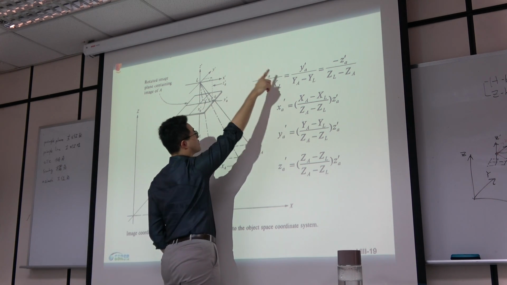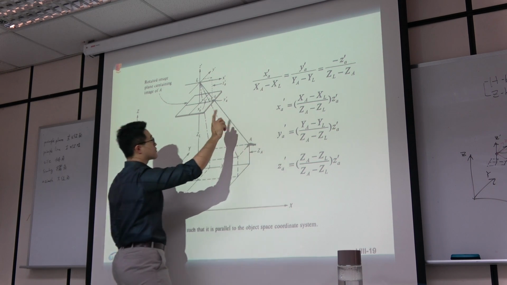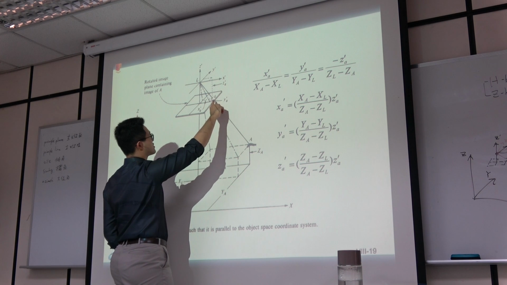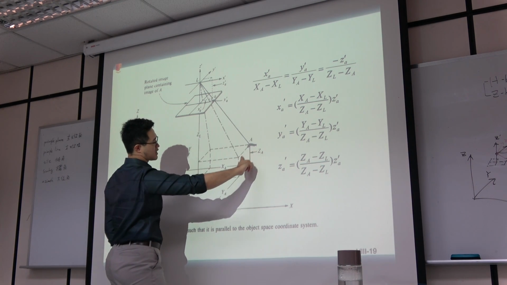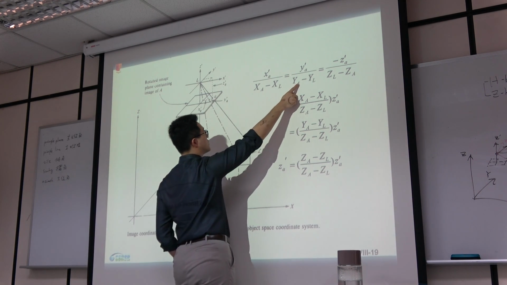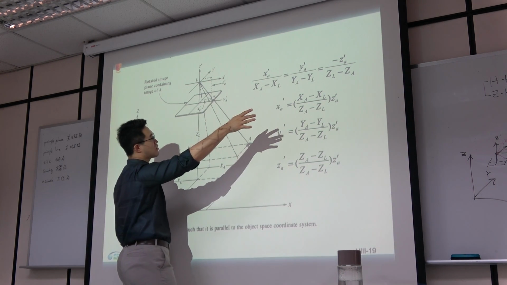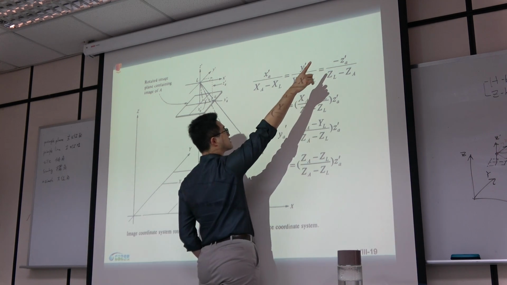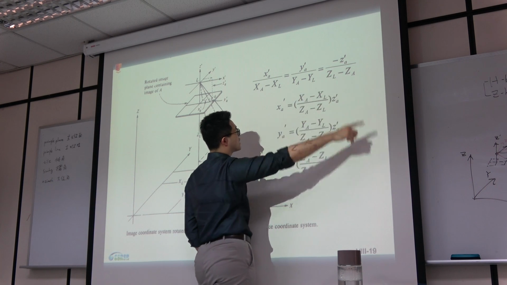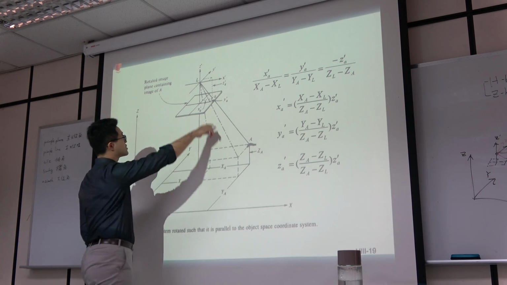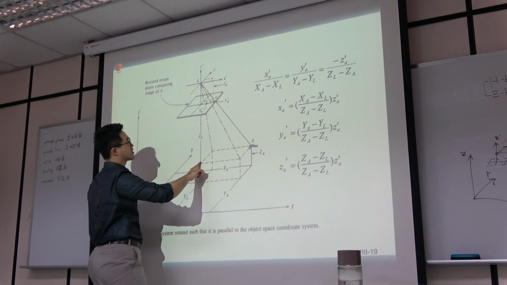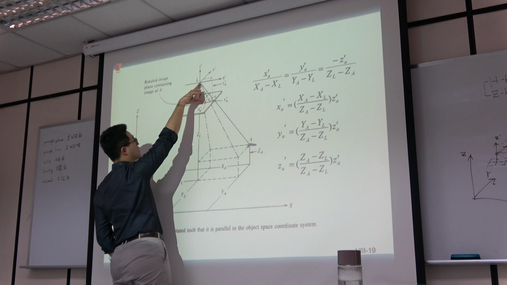So that's this term. Supposedly this ratio should equal the YA plot, which is this distance, to the object space distance. So this distance and this distance can also give a ratio. And supposedly it will also equal the ratio of ZA plot to ZL and ZA, which is this distance. So ZL to ZA, that is this distance, and the ratio to this one.